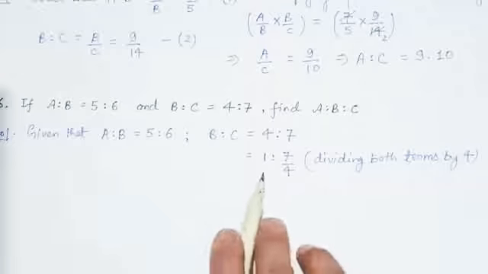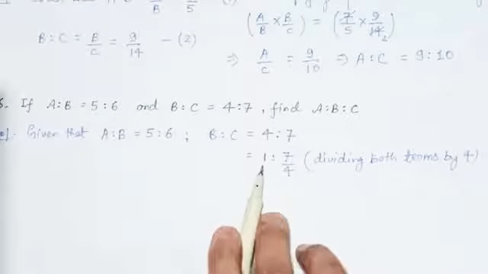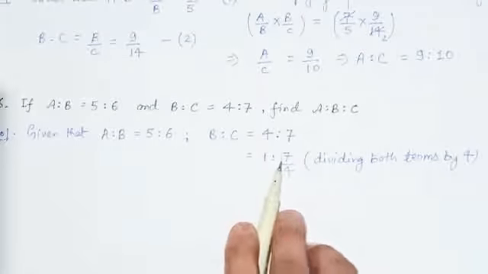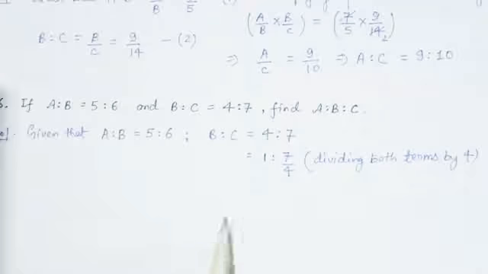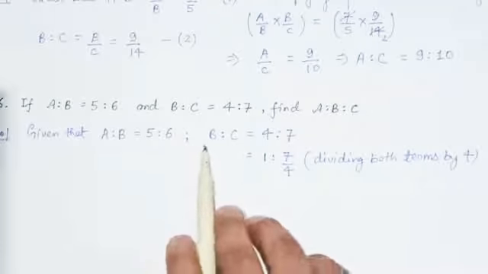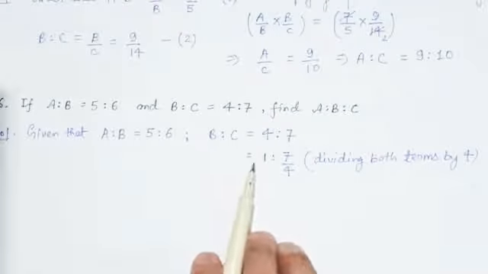Again here we have to multiply the two terms of this ratio, that is 1 is to 7 by 4, by 6. Why? Because we have to make the term corresponding to B as 6.